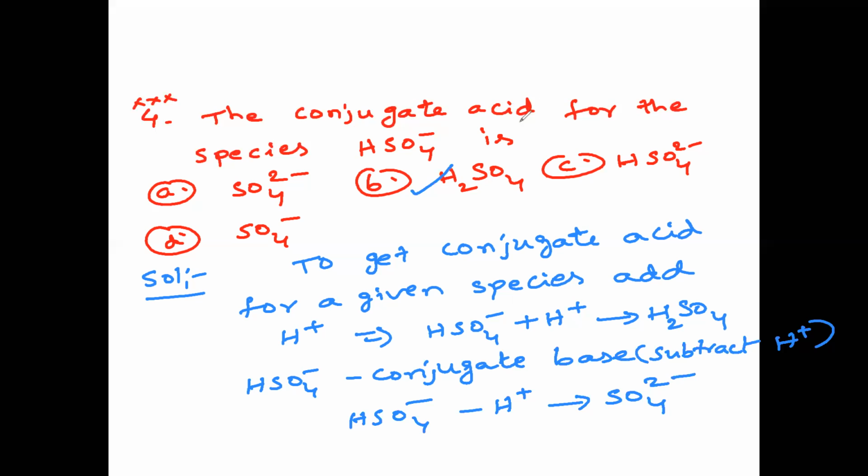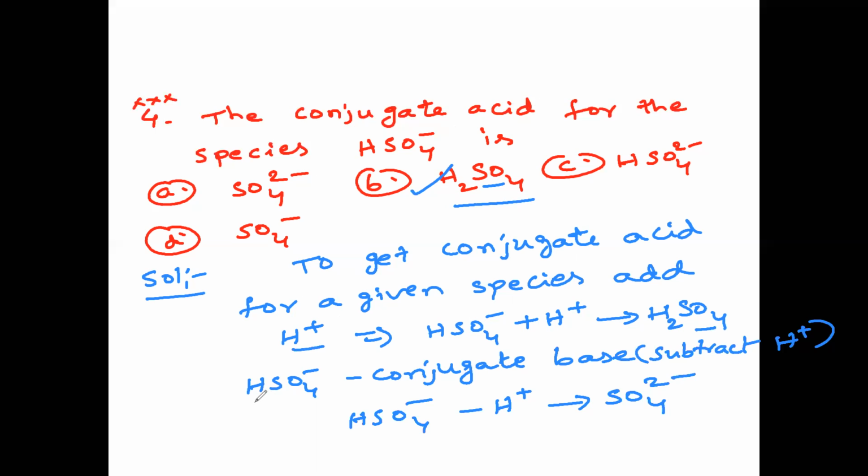So the conjugate acid for the species HSO4 minus is H2SO4, and for the same species the conjugate base is SO4 2 minus. That's why they have given confusing options also. SO4 2 minus is given as well as H2SO4, and the right answer is H2SO4 because to get the conjugate acid for a given species, add H plus, a proton. So if you add H plus, you will get H2SO4.